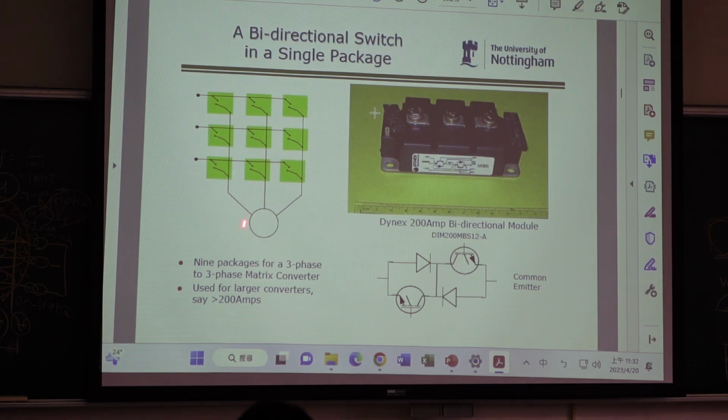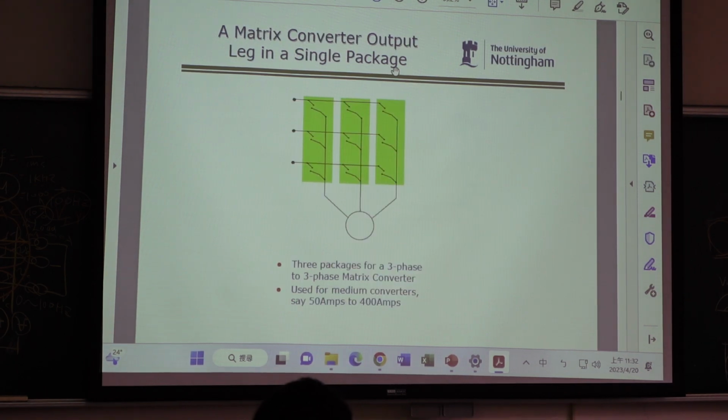Then how about the current? 200 ampere, very huge. In one module, one AC switch is like this. So you need to buy 9 modules, then you can design the matrix converter. And here, this is the output line.